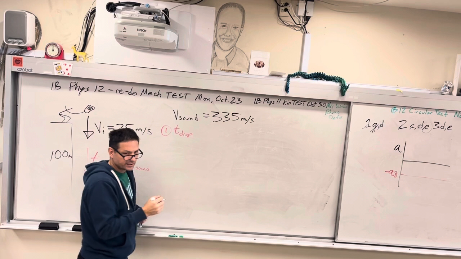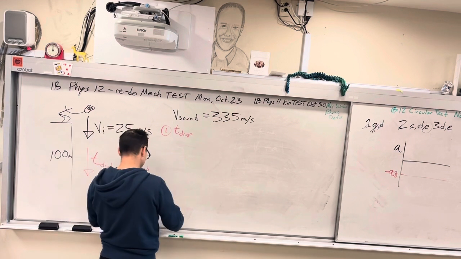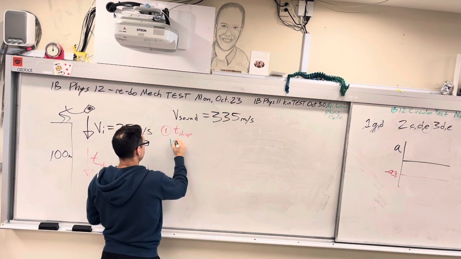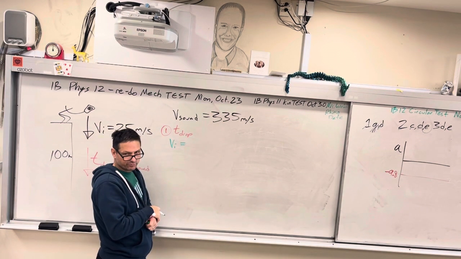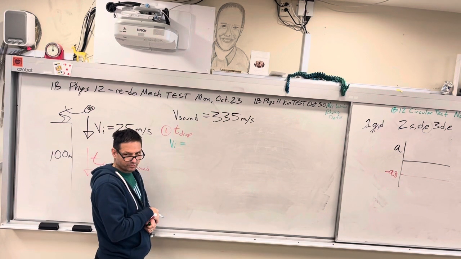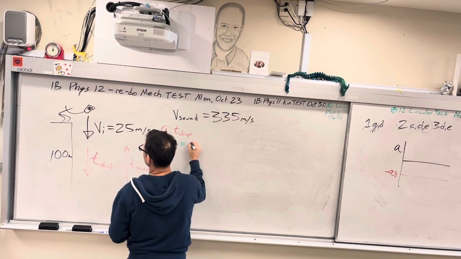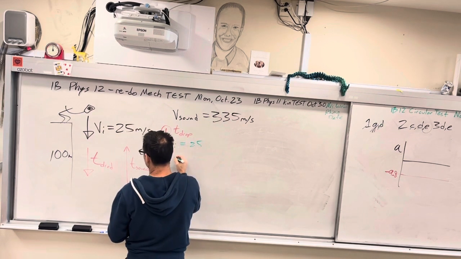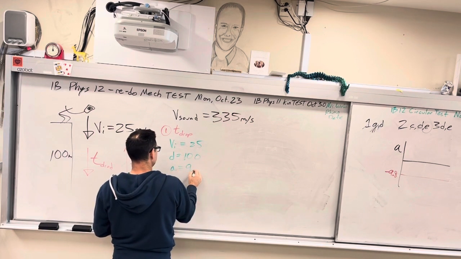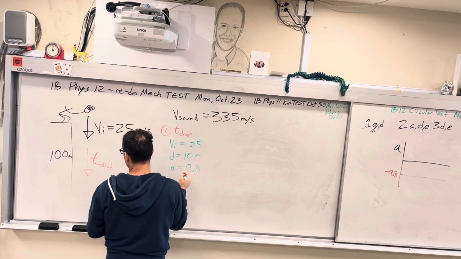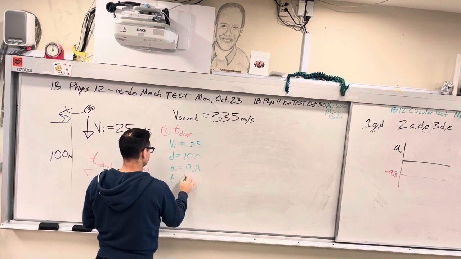This is going to be accelerated motion, and our VI is going to be, should we make down negative or positive? You people are positive people. Okay, so VI is 25, and we know D is equal to 100, and A is 9.8, and we're going to look for T.